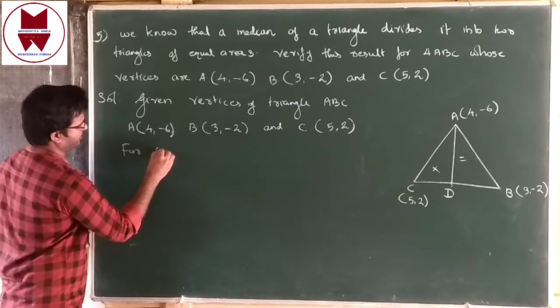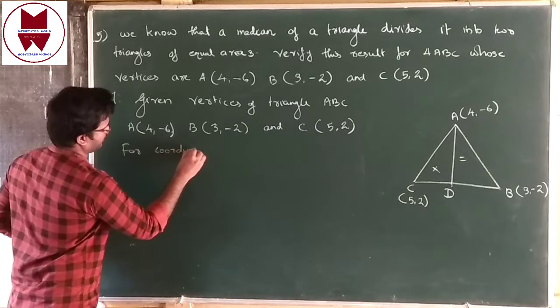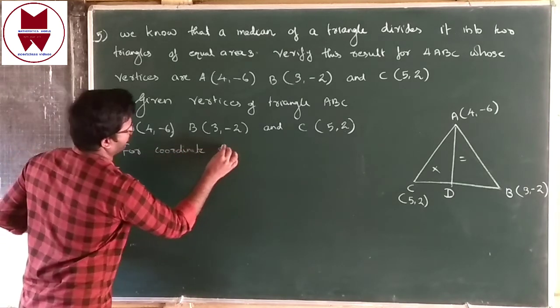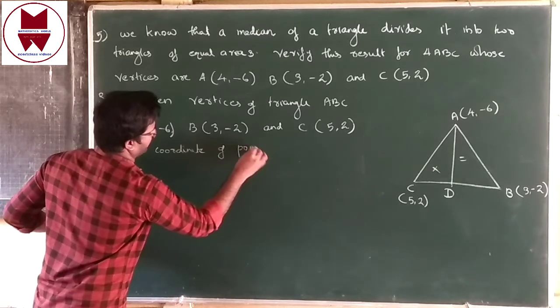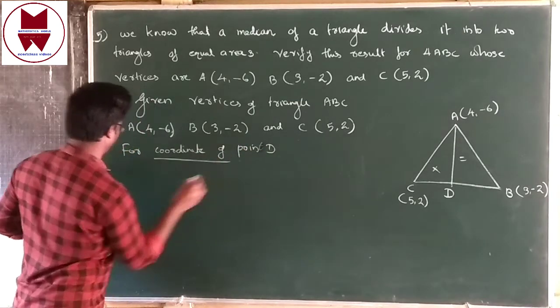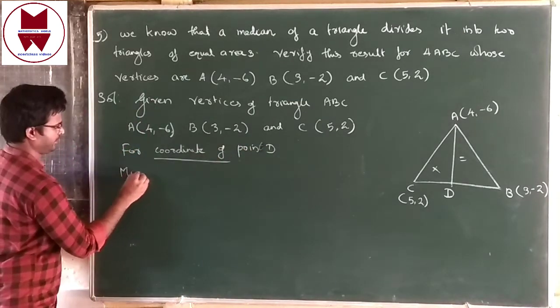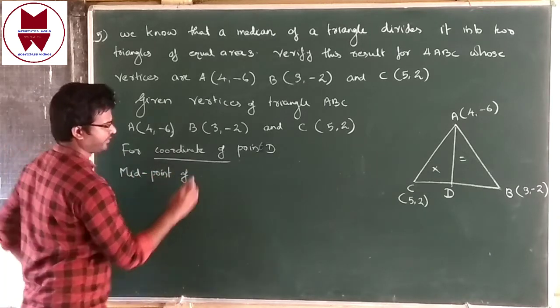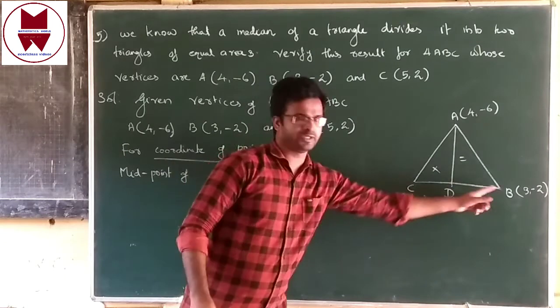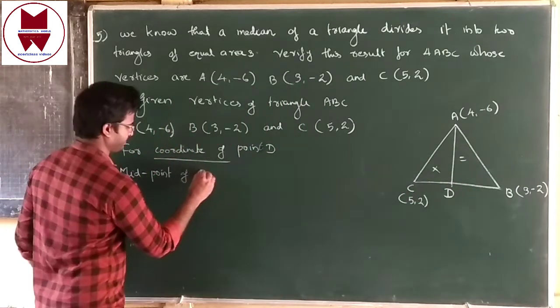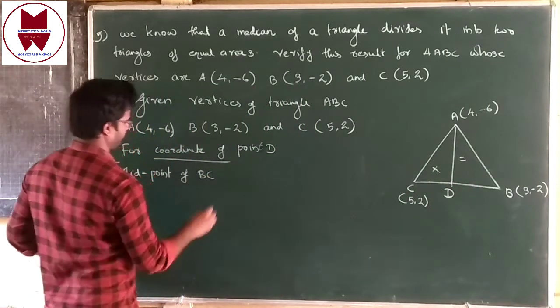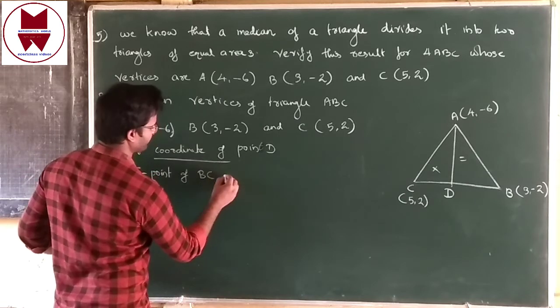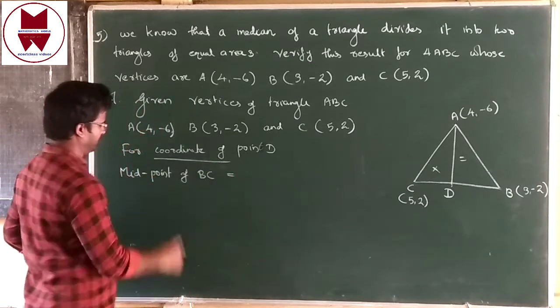For coordinate of point D, we can write midpoint of BC equal to, that is D.